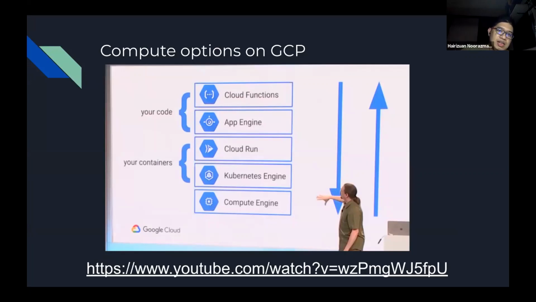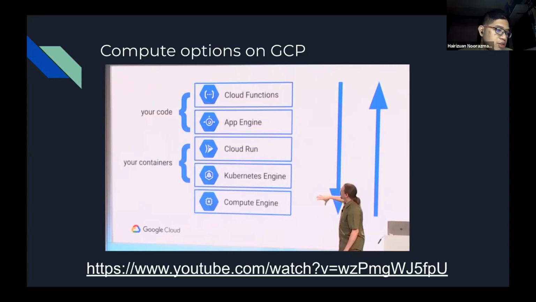As you go from the bottom to the top, there are more layers of abstraction. At the top, Cloud Functions is essentially similar to AWS Lambda, if you are familiar with the AWS stack, so essentially some sort of serverless functions. Let's go from the bottom.